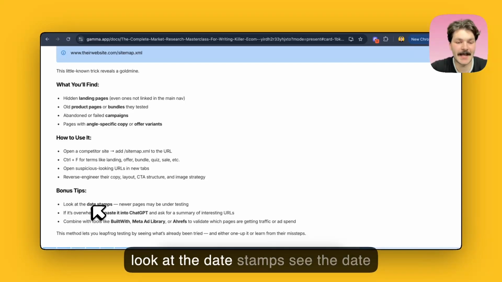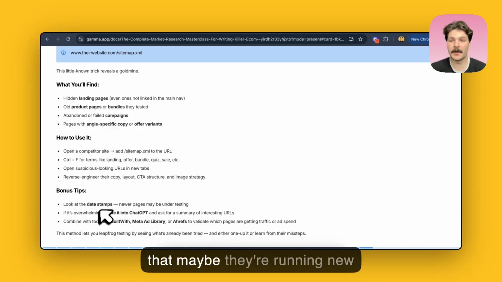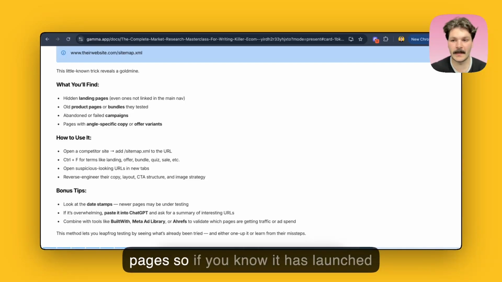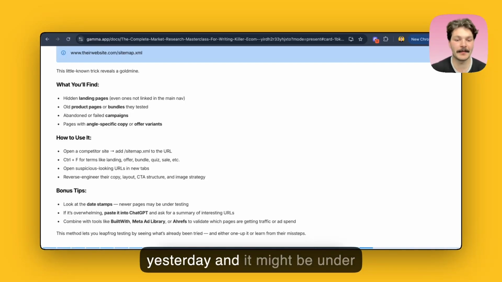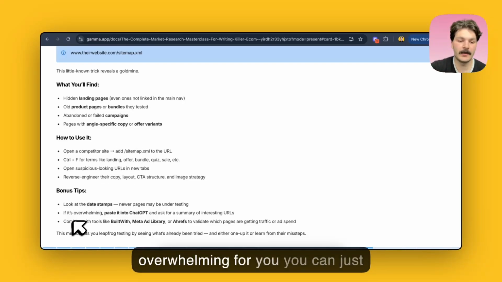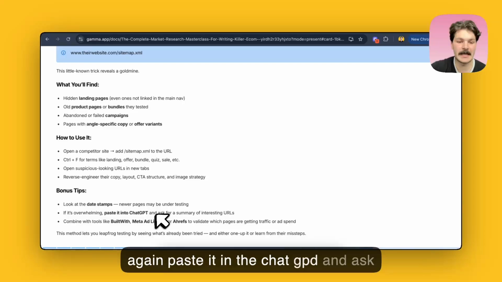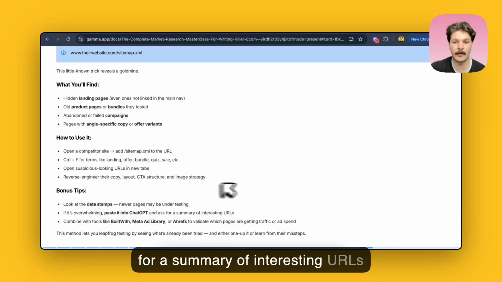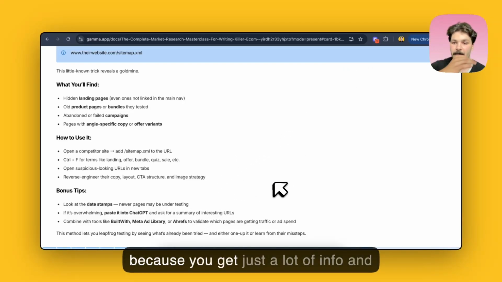As a bonus tip, you can look at the date stamps and see that maybe they're running new pages. If it launched yesterday, then it might be under testing. If it's overwhelming for you, you can paste it into ChatGPT and ask for a summary of interesting URLs, because you get a lot of info.